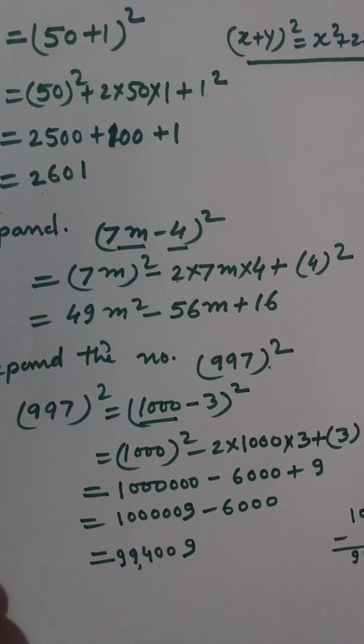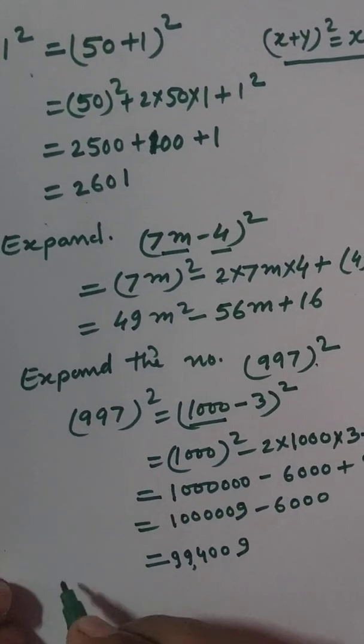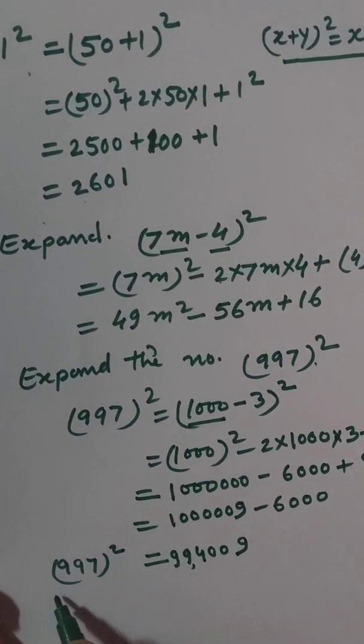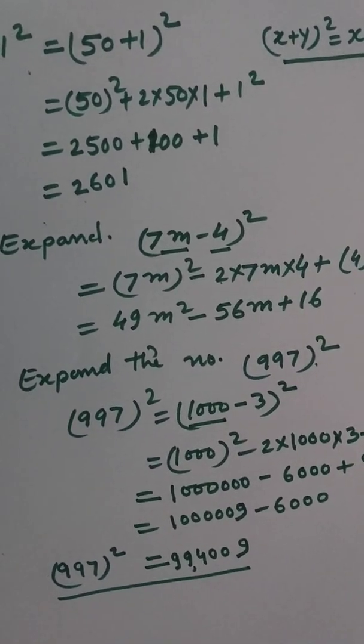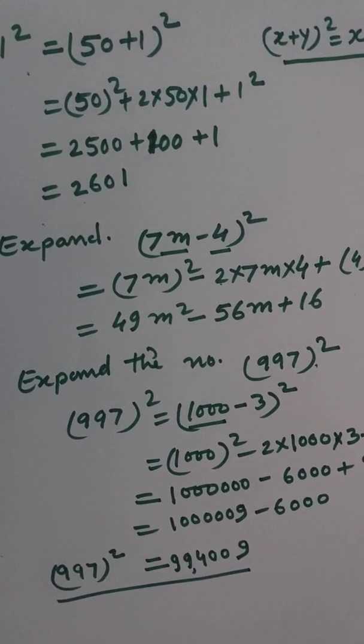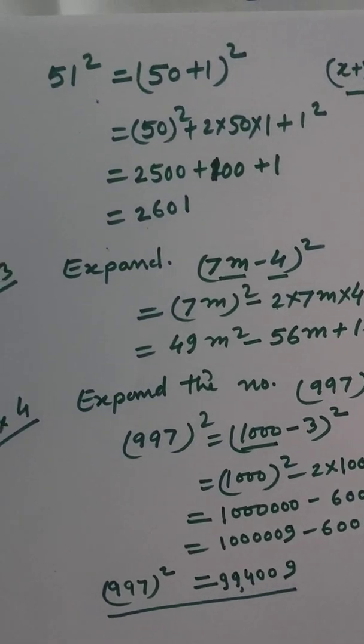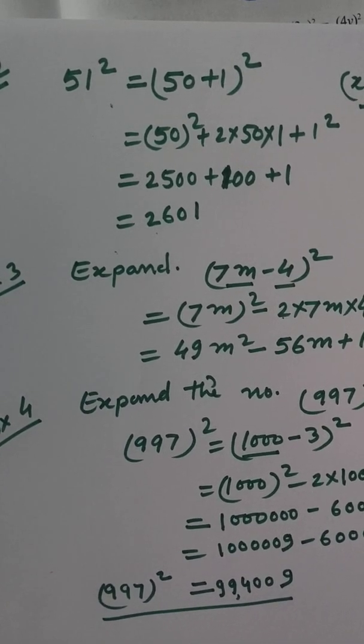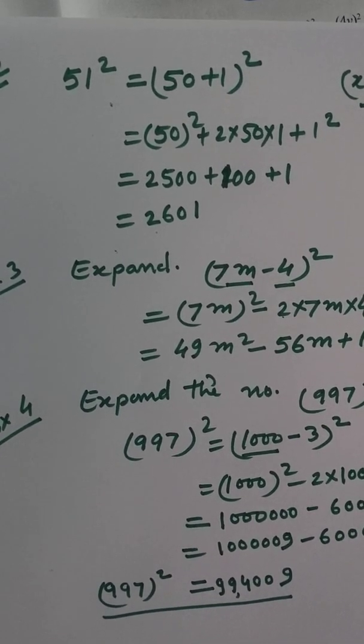This is here. Therefore 997 whole square is equal to this much. This is your result.